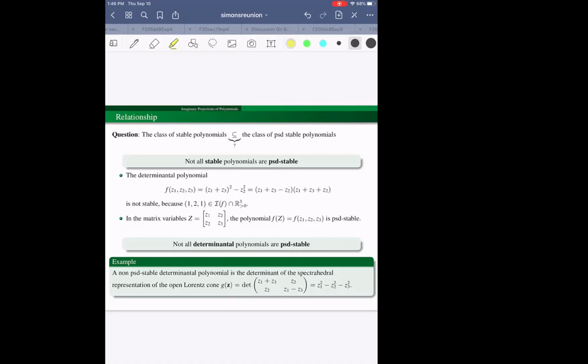So this is one example, a determinantal polynomial which is not stable but PSD stable. Then we ask whether the determinantal condition is a necessary condition for a polynomial to be PSD stable. That also turns out to be wrong. Not all determinantal polynomials are PSD stable. Here is one example.